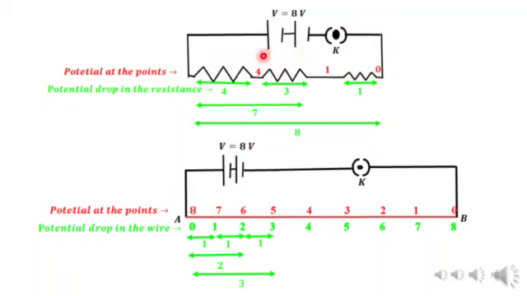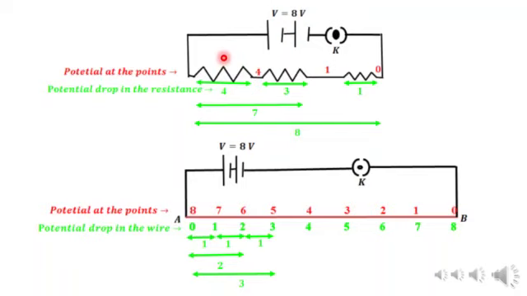We know Ohm's law, V equals R into I. In series combination, current is constant, that is V is proportional to R. So, when the resistance value increases, more voltage drops across it.